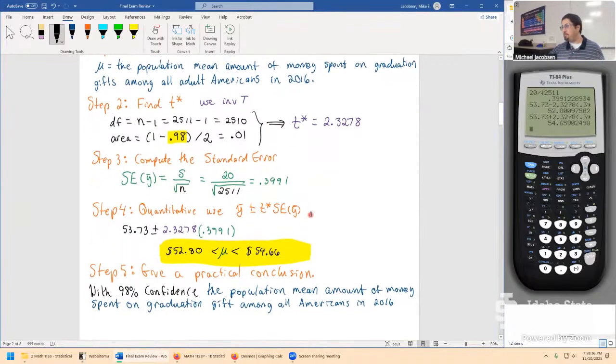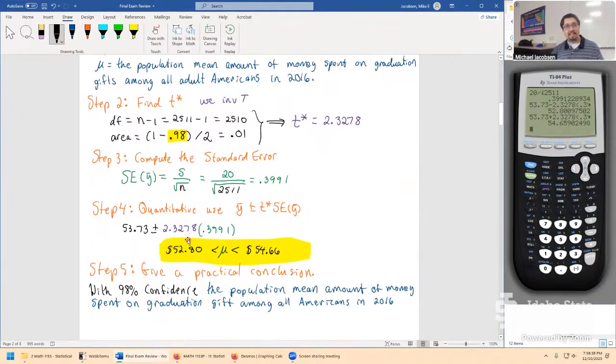Okay, we're done with that parameter mu, and we just say is between those 2 dollar values, is between $52.80 and $54.66.